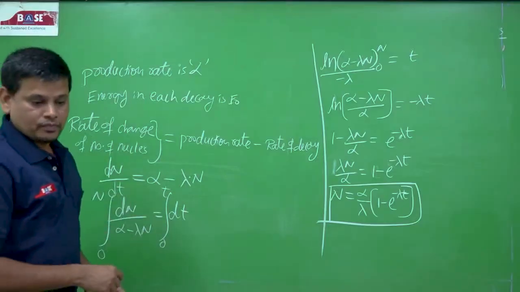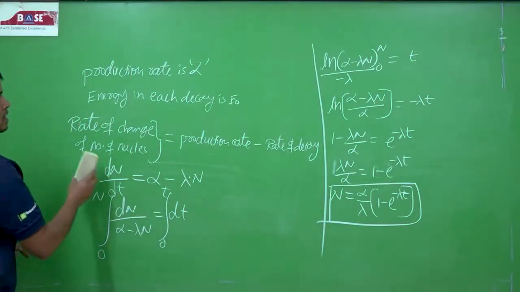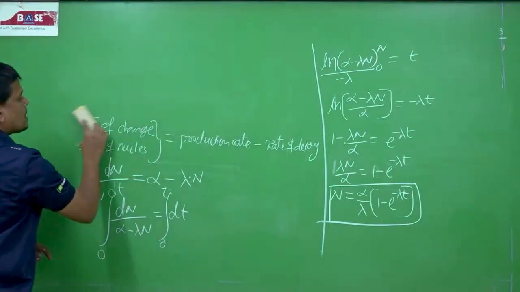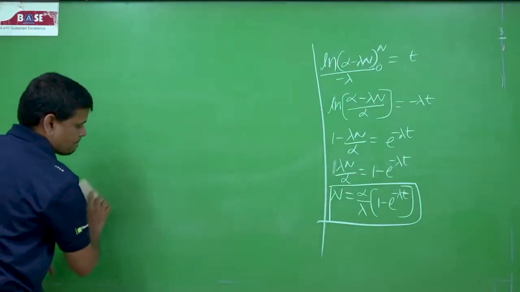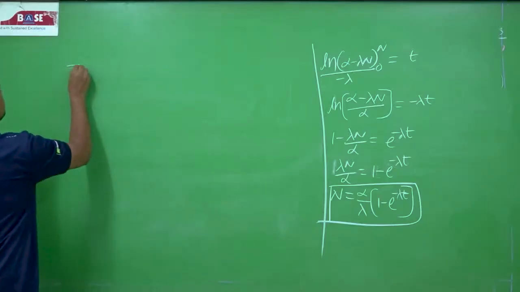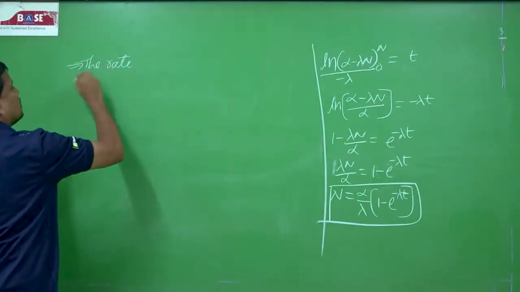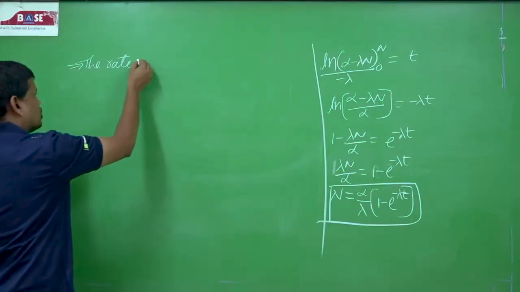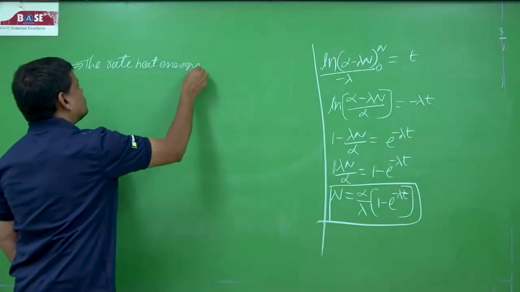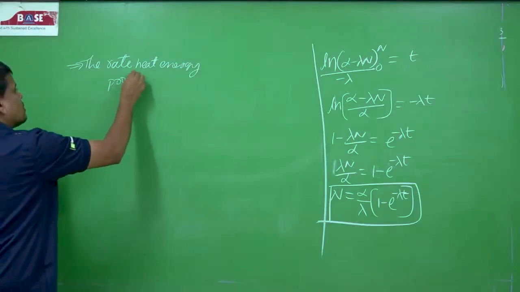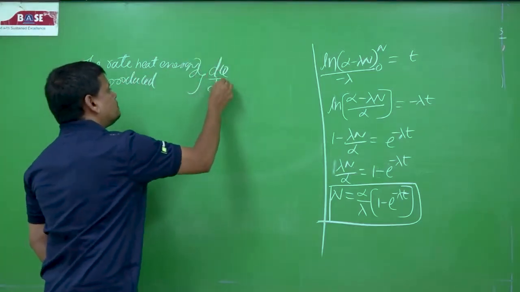Let me take some space over here. The rate of energy liberated, or heat energy produced, is dQ by dt.